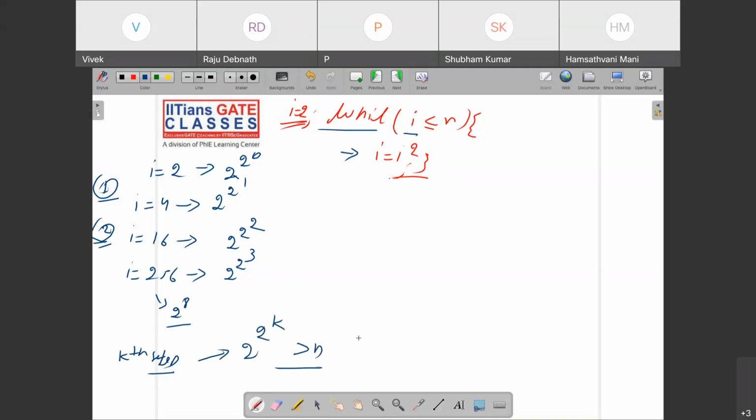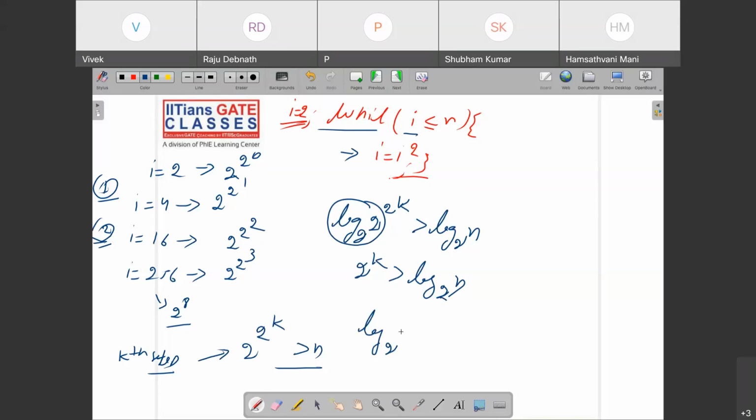Now you have to take log two times, on both sides. If you take the first log, it will become log base 2 of 2 to the power 2 to the power k greater than log base 2 of n, right? Now once you solve this one, 2 raised to power k will become log base 2 n. Now once again take log base 2 on both sides, so it will become log base 2 of 2 raised to power k greater than log base 2 log base 2 n, right?